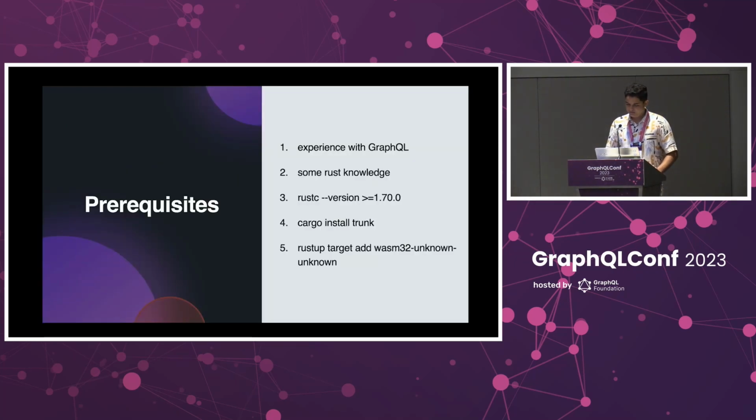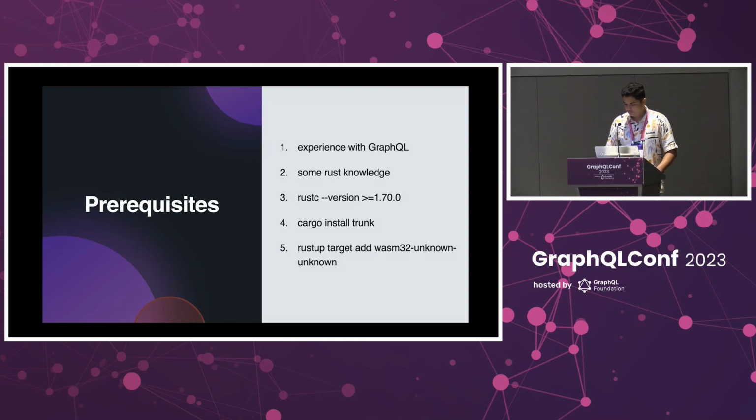Some prerequisites: experience with GraphQL. I hope everyone is experienced with GraphQL, okay? And some Rust knowledge, though it's not necessary, because we're going to be looking at relatively basic code, but Rust knowledge would really help. You need a Rust compiler version of 1.70.0 or newer.